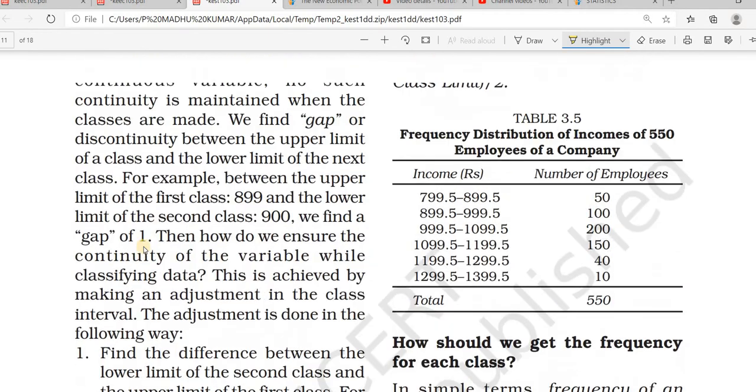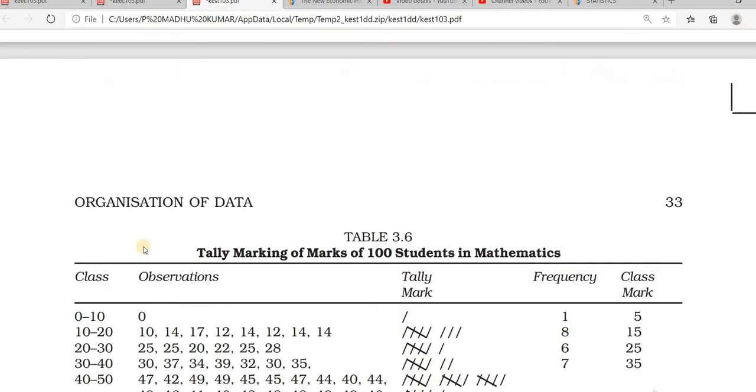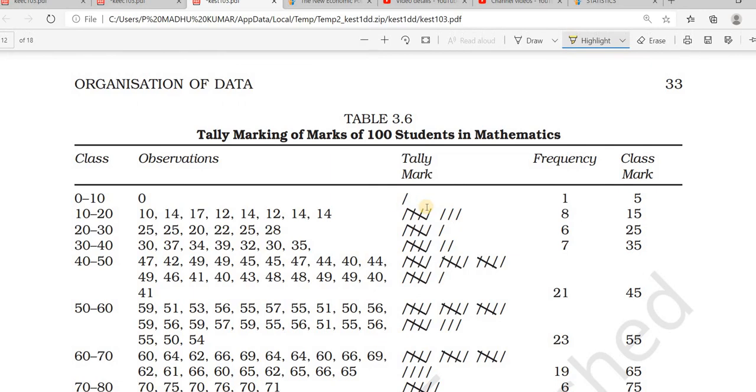Then you can see here in this table, the fourth one we put a line like this, and the fifth tally mark we cross, we put a cross line across them. Then here we see 5 plus 3. How many frequencies are there? 8.